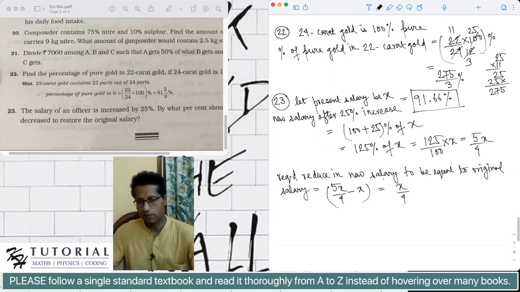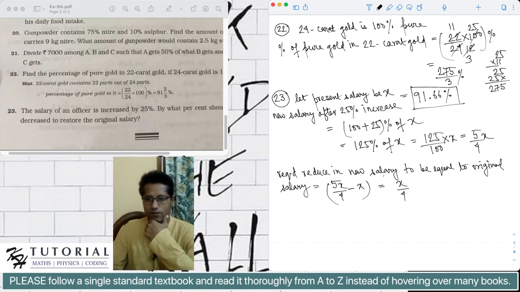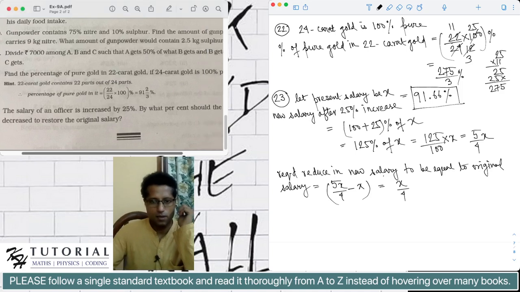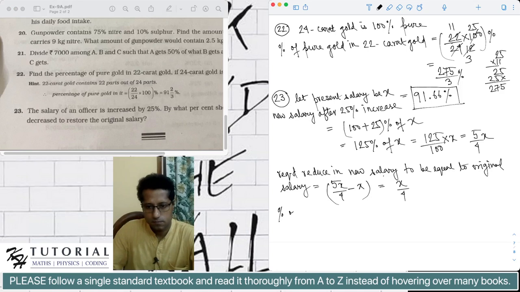Now we have to find what percentage X by 4 is of 5X by 4. Remember that it is asking by what percentage should the new salary be decreased. So the percentage has to be based on the new salary. So we have to find what percent is X by 4 of 5X by 4.